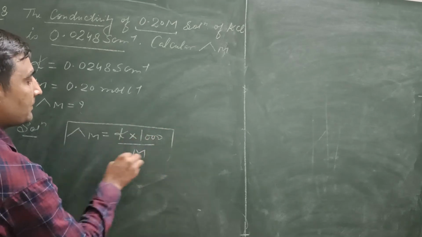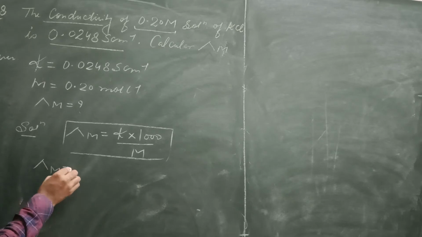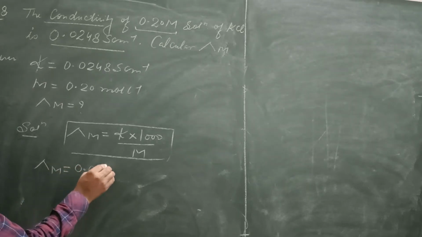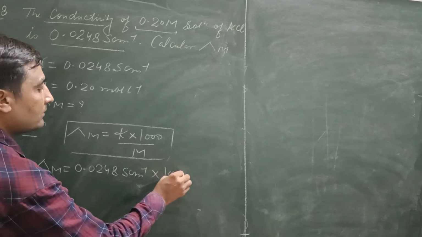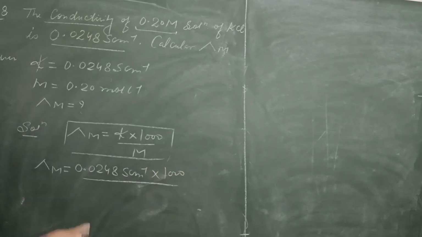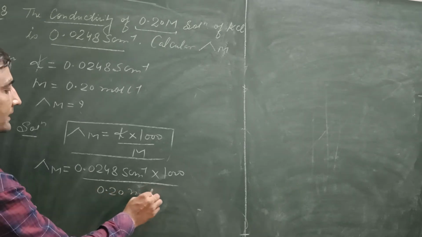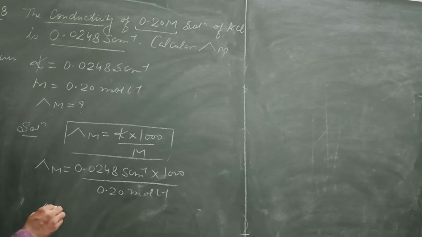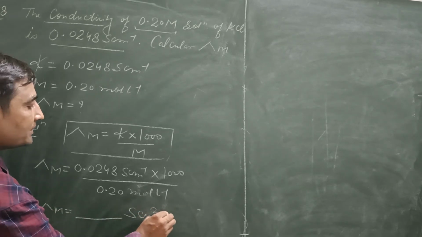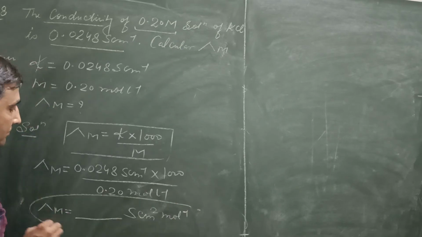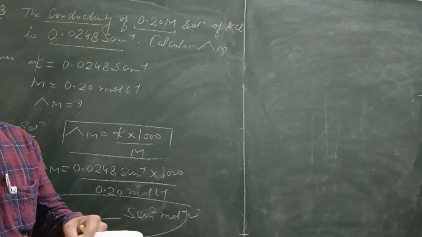This formula we are to apply. By applying the values, 0.0248 Siemens centimeter inverse into 1000 divided by molarity 0.20 mole per liter, we can find molar conductivity equals this much Siemens centimeter square per mole. So in this way we can solve different problems.